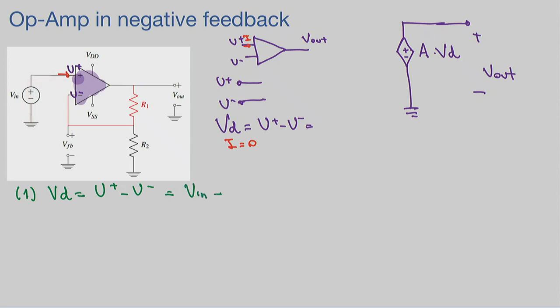Minus, what's U minus? V feedback. Okay, second thing that we know about this circuit. What is V out? A times VD, that's right.